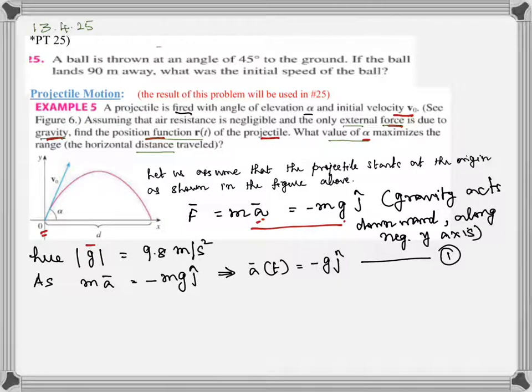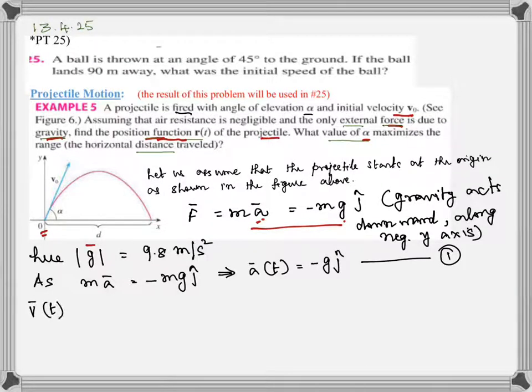From here, remember we are going to find the position function ultimately. That's what the question is. So in order to get the position function from the acceleration, we have got to get the velocity, which is the integral process. And then from the velocity, we have to get the position function, which is the integral of the velocity.